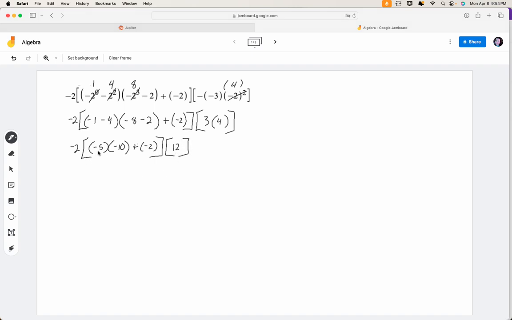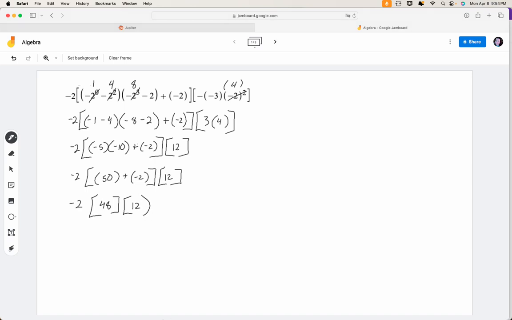All right, so negative 5 times negative 10, that's going to be 50 plus negative 2 and then 12. All right, so that's going to be 48. Negative 2 times 48 times 12.